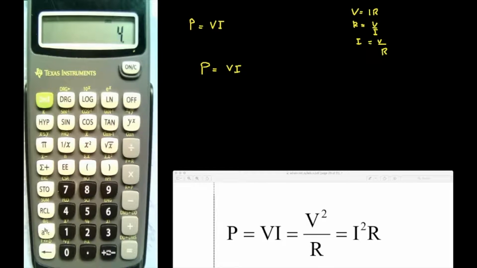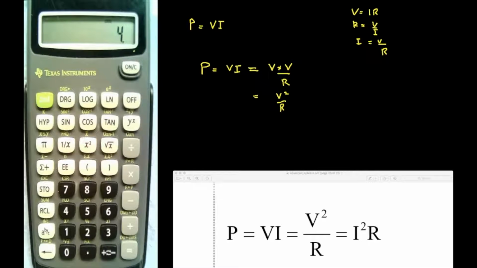The second one is obtained by substituting for I, V over R. If I equals V over R, then you can write V over R instead of I. So that's V times V over R, which is V times V, and anything times itself is squared, so V squared over R. So that's the second representation of power, which you see from the formula sheet.